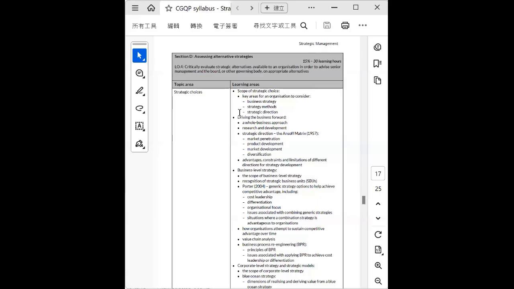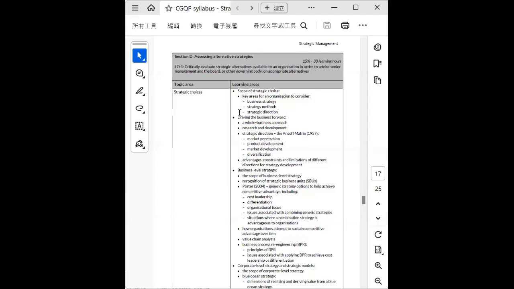Now, strategic methods usually include approaches like organic growth, mergers, acquisitions, partnering with other institutions or alliances to achieve the organizational goals.